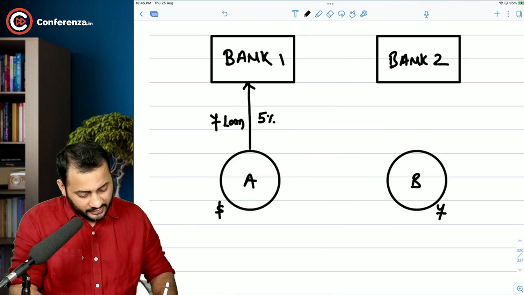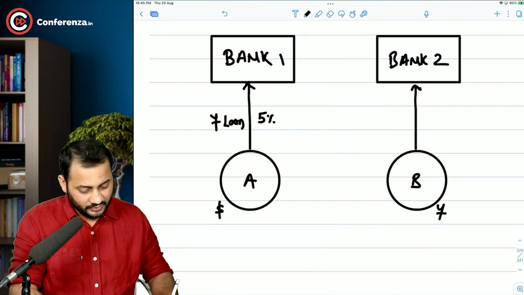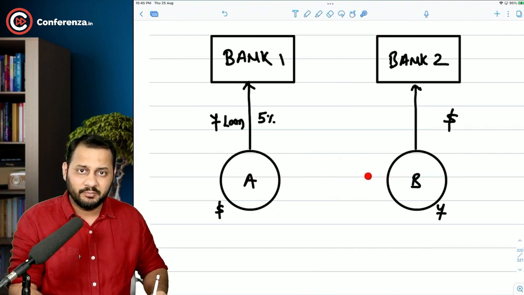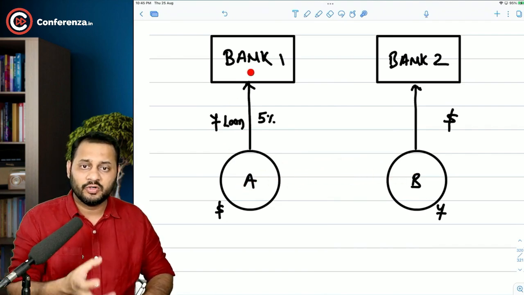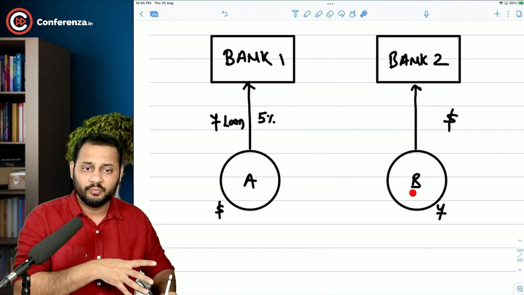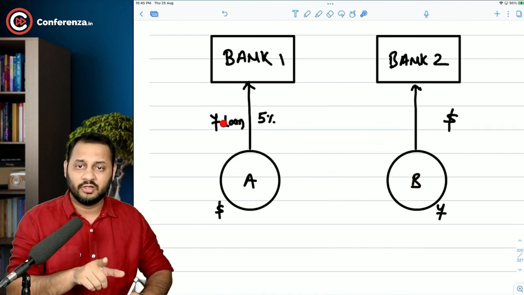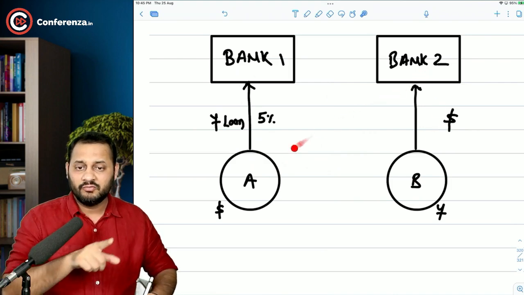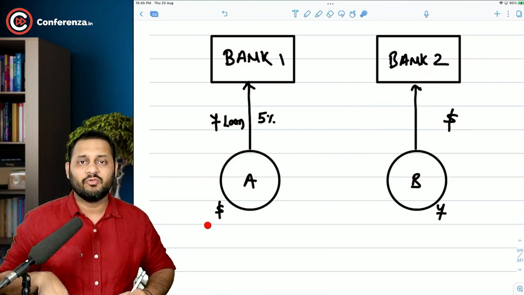Now, similarly, B will borrow the loan on your behalf. That will be a dollar loan. He will borrow a dollar loan. So what will happen between A and B? Whatever A has borrowed from bank 1 will be given to B because B wants the yen loan. And whatever B has borrowed from bank 2 will be given to A because A wants the dollar loan.